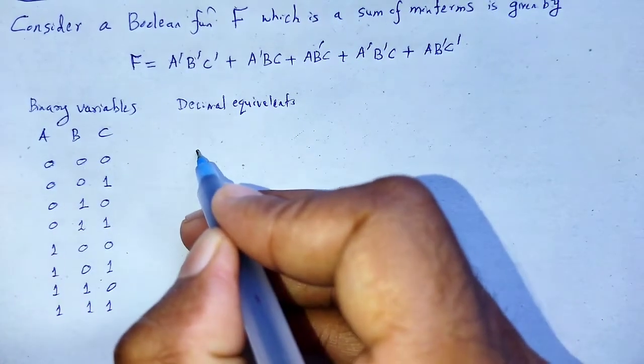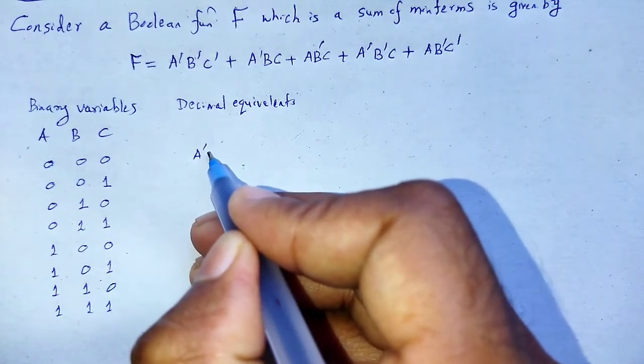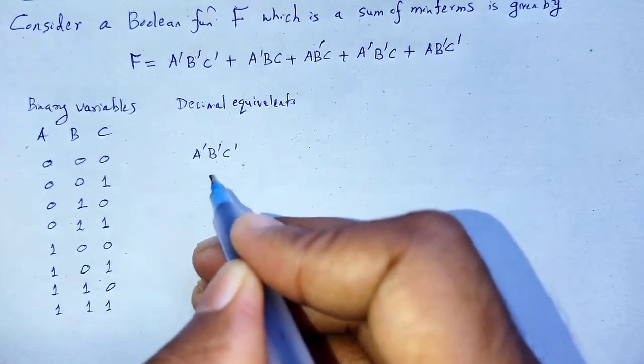Its decimal equivalents: for 0 it will be A prime, B prime, C prime.